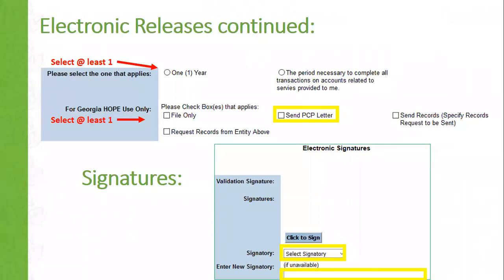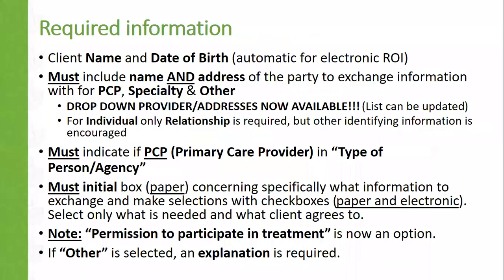If it's the guardian of a client and that is not in that drop-down, you can use that enter new signatory box to type in the name of the person who has signed that release. And please do that. We need to know that releases are signed by the appropriate person. So enter a name there if the name isn't available in that drop-down.